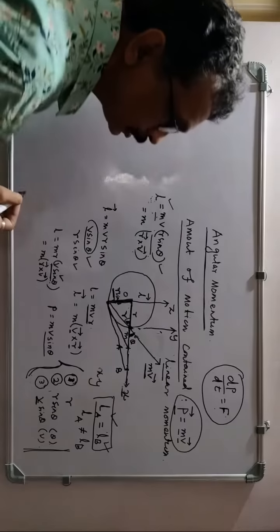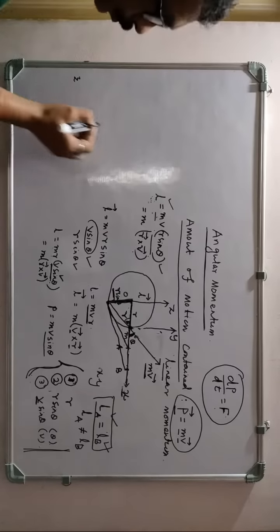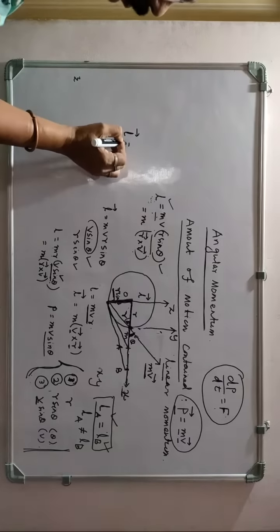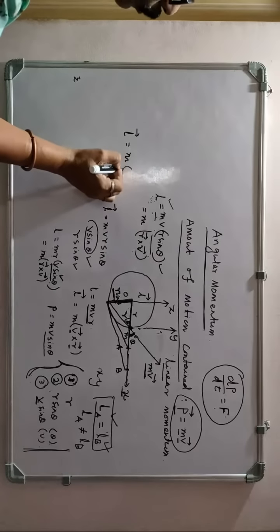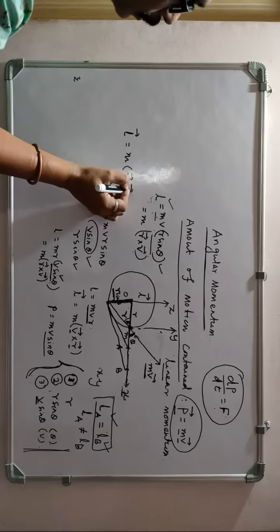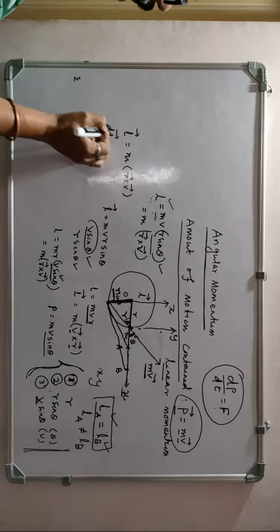Similarly, what will be the expression for the angular momentum? We have deduced the angular momentum L is equal to m into r cross v. You got it? So what will be the change in angular momentum?